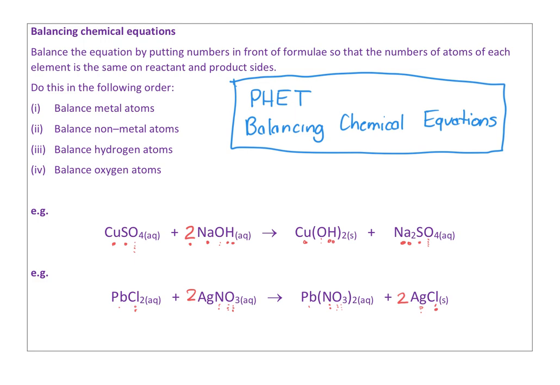Now, the one thing we haven't done here is what's called an ionic equation. An ionic equation is almost a shorthand simple equation. In an ionic equation, we only worry about things that have changed. So, if we take this equation here, we can see that on this side of the reaction, the copper is aqueous, and on this side of the equation, the copper has gone into a solid.